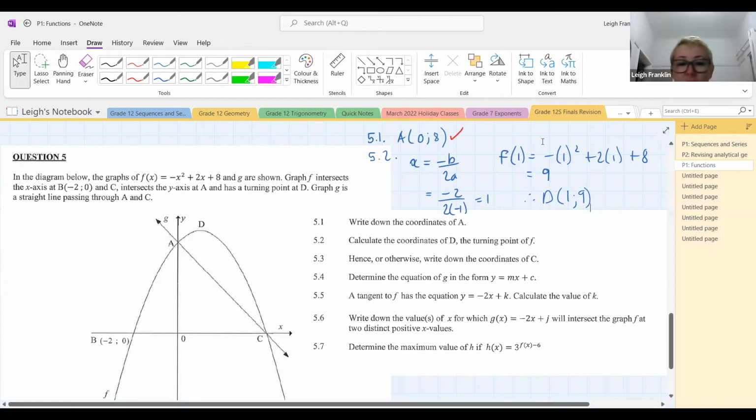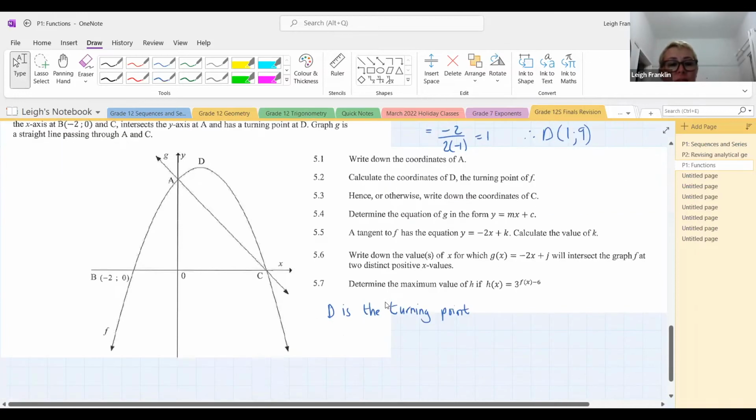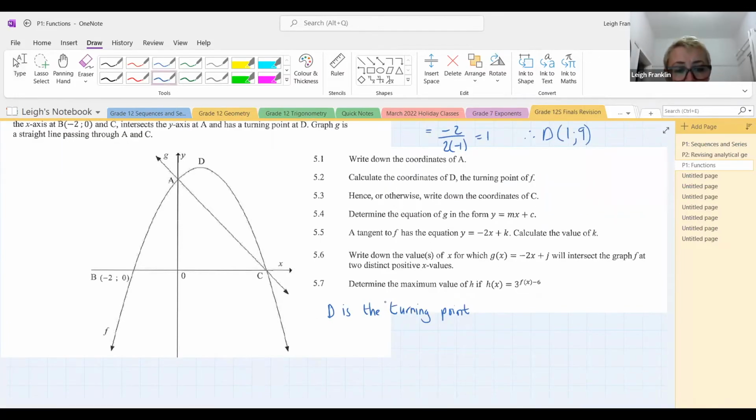So Matrix, D is a turning point, isn't it? So D is the turning point. What's the gradient at the turning point? Exactly. So the gradient at the turning point is going to be equal to 0.